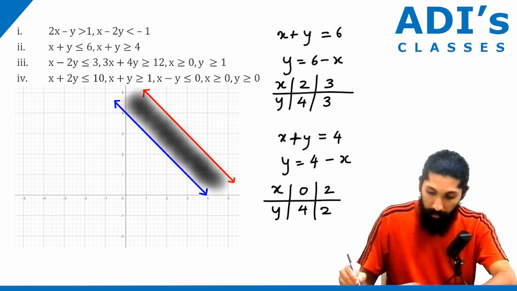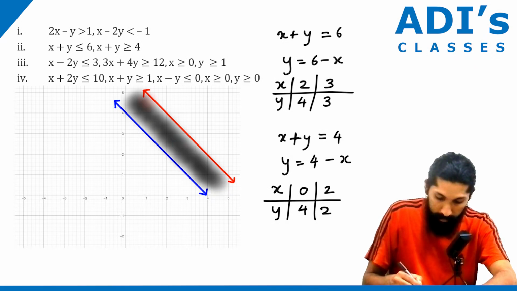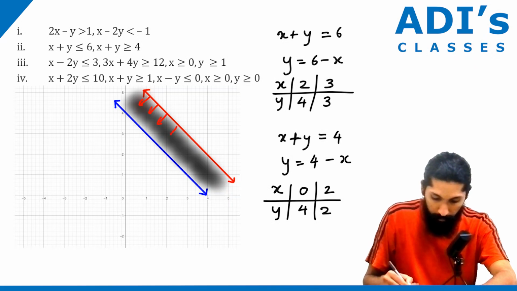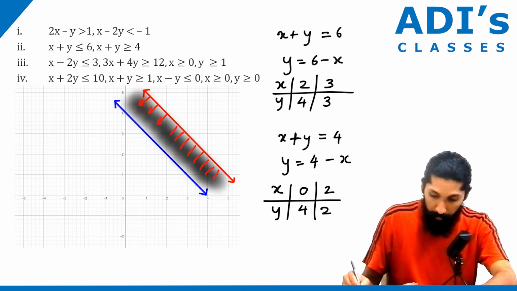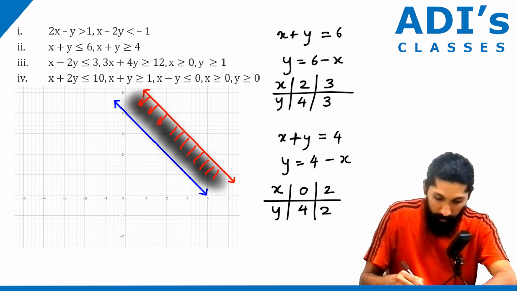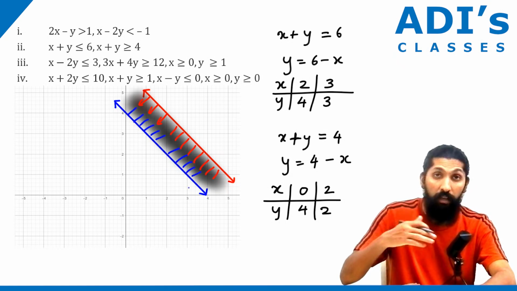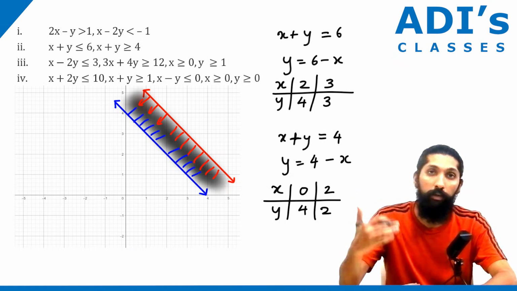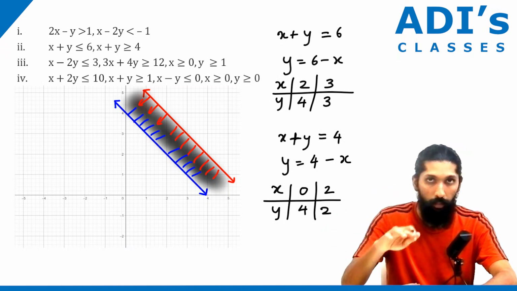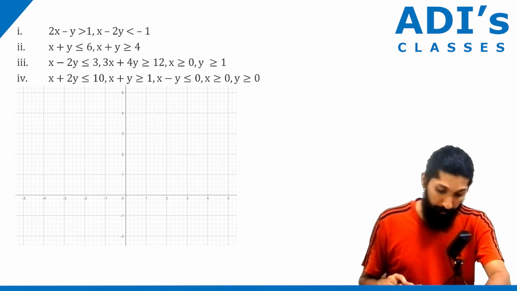Because think about it, we are looking at a region where it is lesser than this, so it's going to be this way. Correct? And for the blue one, it's going to be this way. Isn't it? So the in-between region is the given answer for the question. Fair enough?